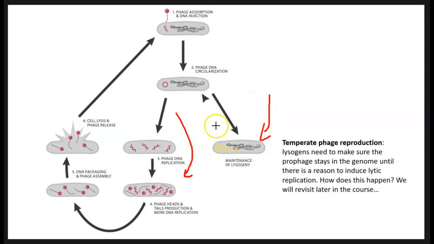So while they're a lysogen, there are things that prevent those lytic genes from damaging the cell until stressful conditions induce lytic reproduction. So it's going to reproduce as a lysogen inside of the bacteria as long as it can, and only reproduce lytically when it needs to.